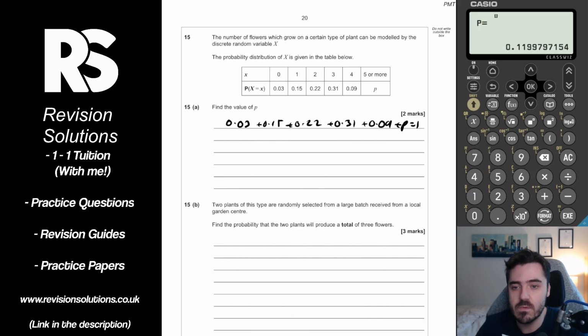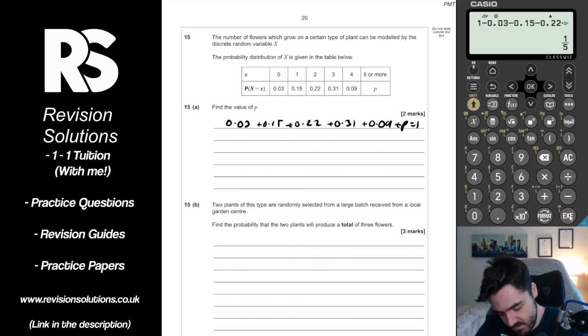If we go to our calculator and take away all those values from 1, we get a fifth, or 0.2.